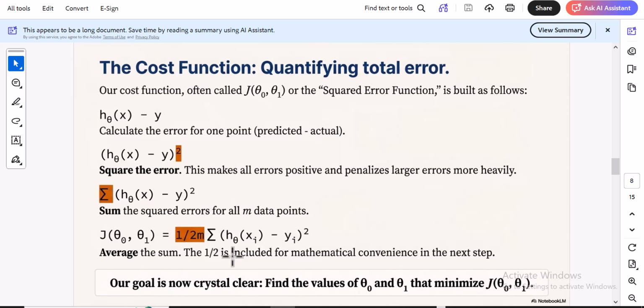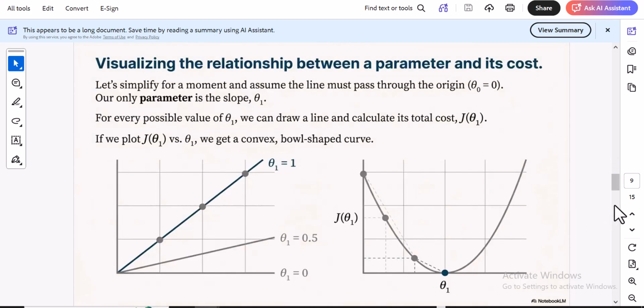So we can say that we need a cost function or sum of square of error where we can actually find the optimal value of theta 0 and theta 1. Or we can say that we need theta 0 and theta 1 where the cost function or the error term will be minimum. This is the important takeaway that you should keep in your mind.